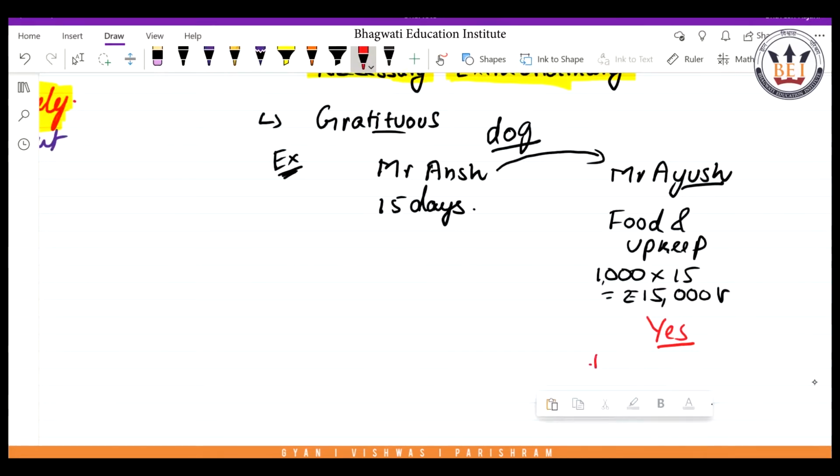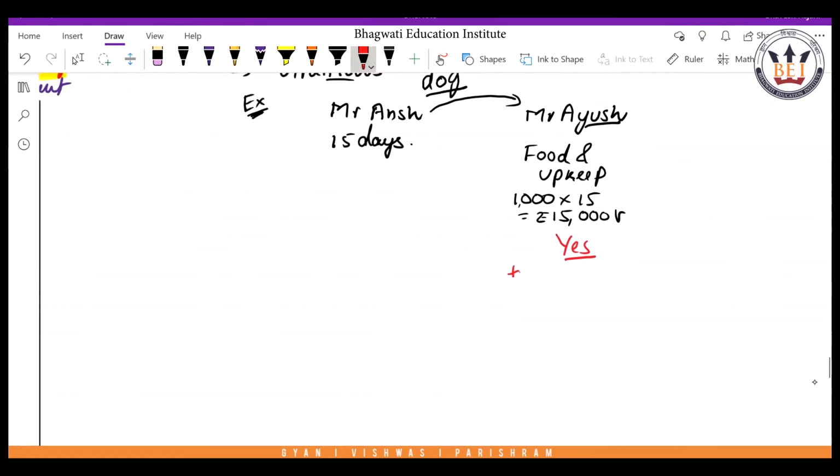Second thing I would like to put across is, let us say there was a medical expenditure on the dog. Medical expenses of ₹5,000. That is an extraordinary expense, something which is not contemplated in the course of things.